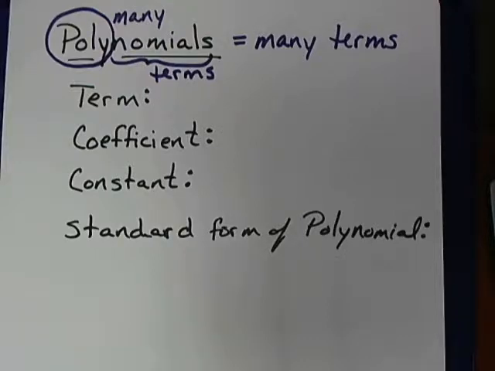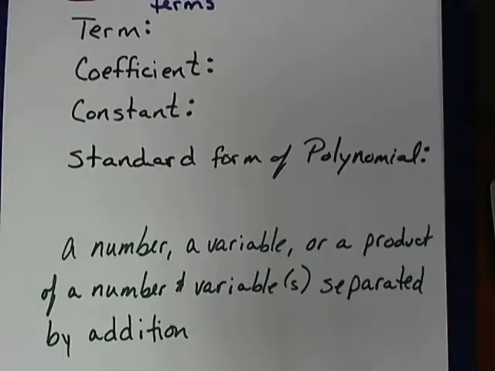Do I need to write all that down? Maybe I'll take a moment to do that. So once again, it's a number, a variable, or a product of a number and a variable or variables separated by addition. Now, if we don't understand the words in the definition, we're not going to understand the definition itself. So let's make sure we understand each part.